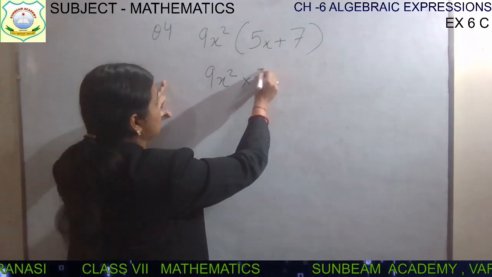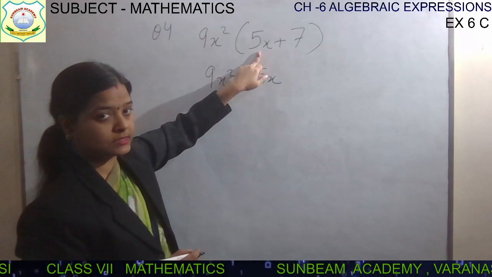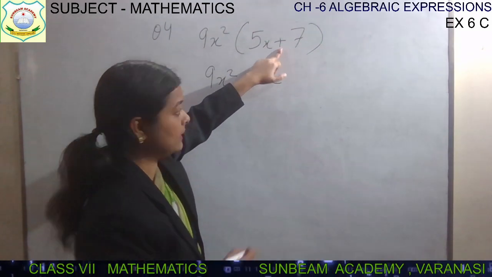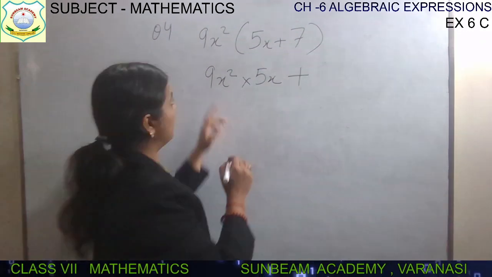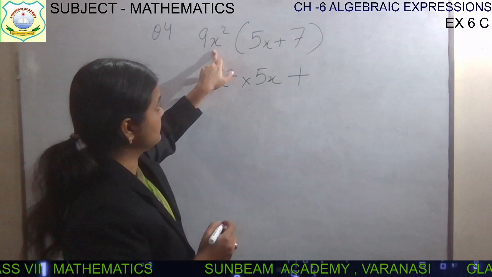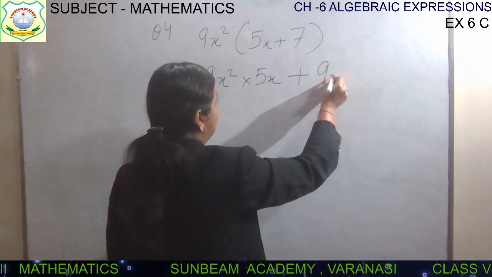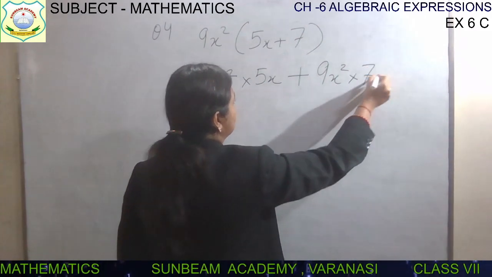What is the first term? 5x. So multiply this 9x square with 5x. Now put this sign. This sign is positive, and then again 9x square will multiply with the 7.